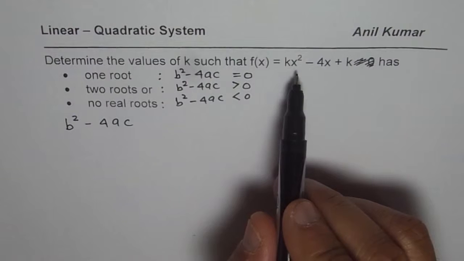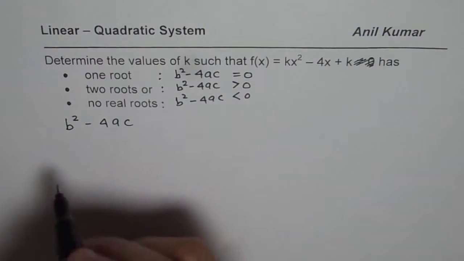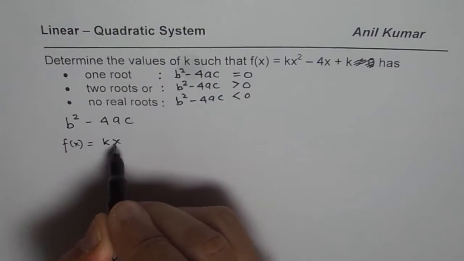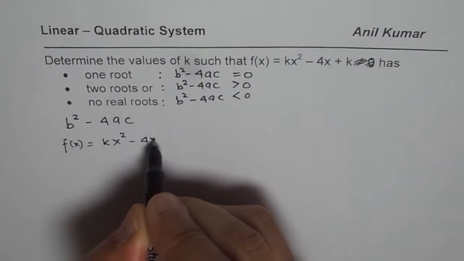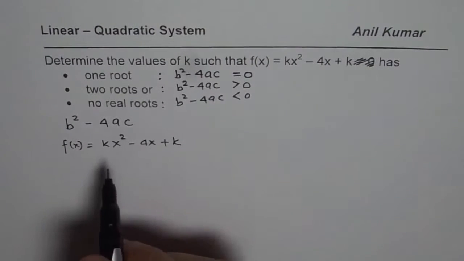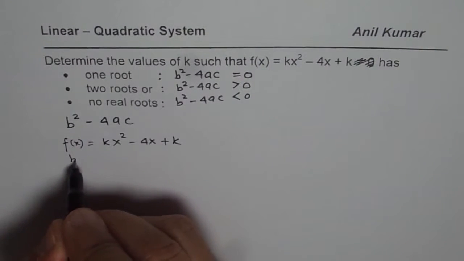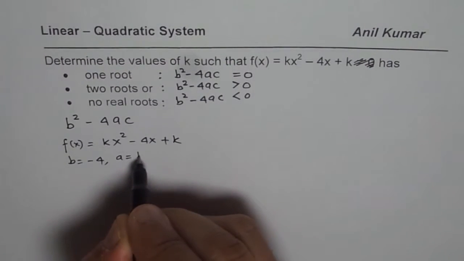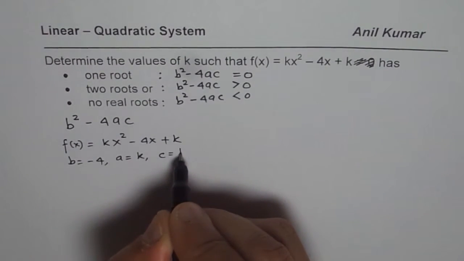Now let's analyze this particular equation, which is f of x equals kx square minus 4x plus k. How many roots do we have? Here you notice that b is equal to minus 4, a is equal to k, and c is also equal to k, correct?